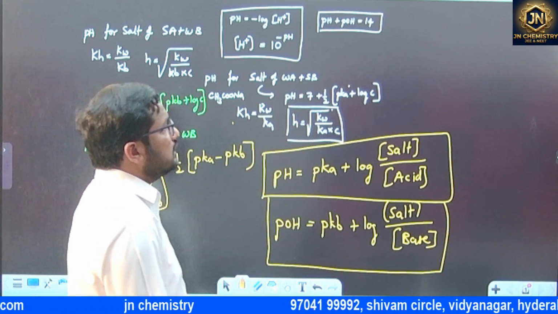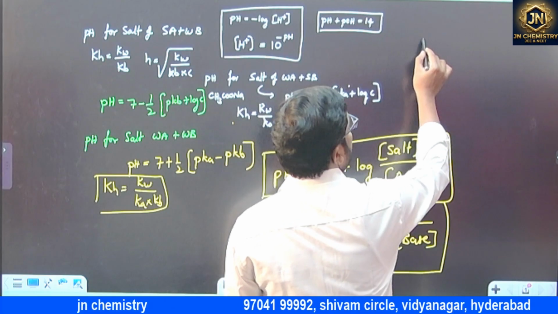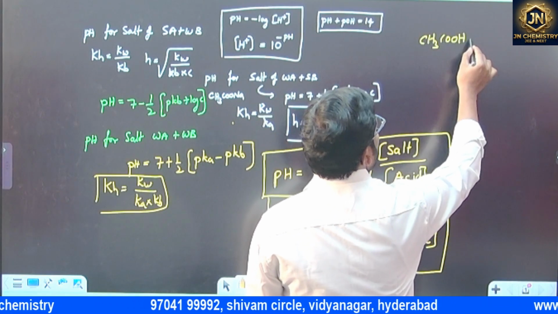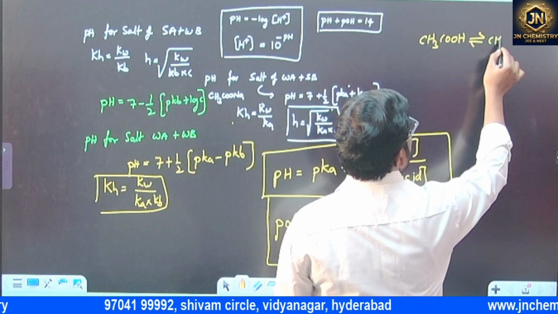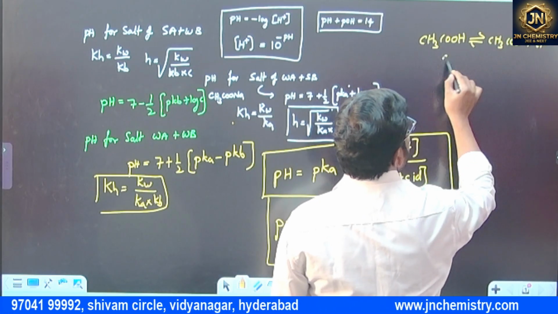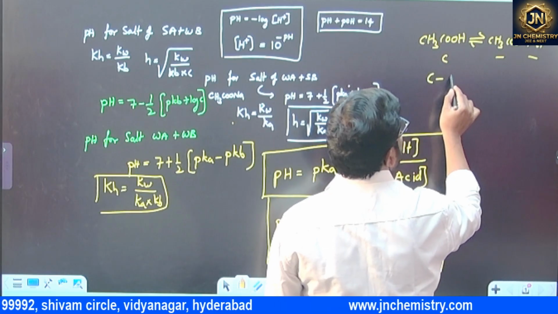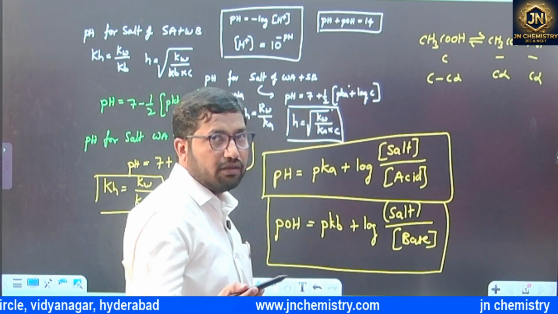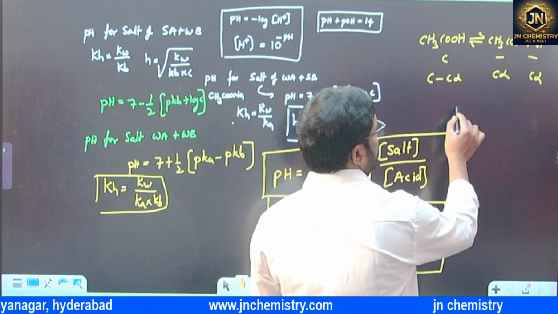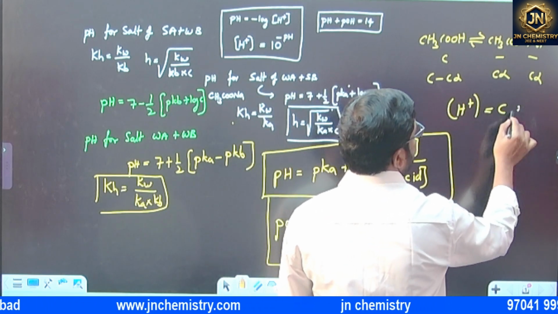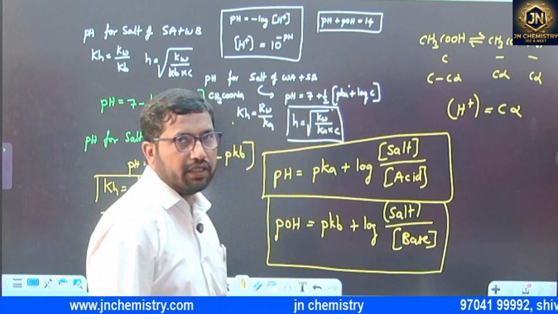So for weak acids, CH3COOH gives rise to CH3COO minus and H plus: C, then minus C alpha, C alpha, C alpha. H plus ion concentration is nothing but C alpha. For weak acids, we need to know the alpha value.